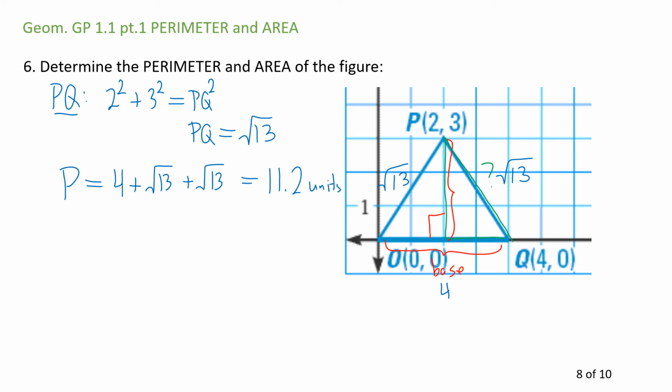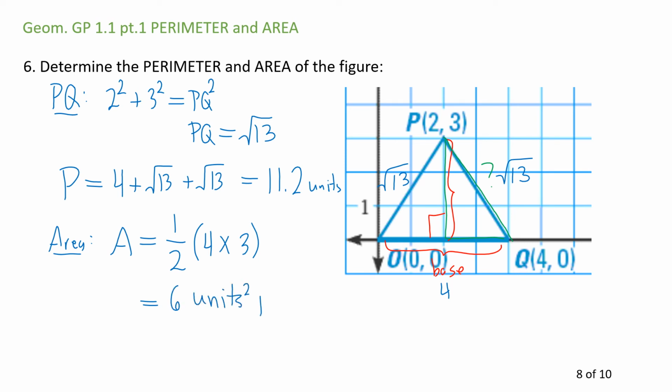Now for the area. The base on this one is the entire length, so that's going to be 4. And then the altitude, I'm just going to count blocks, is 3. 4 times 3 divided by 2, so that's a total of 6 units squared.